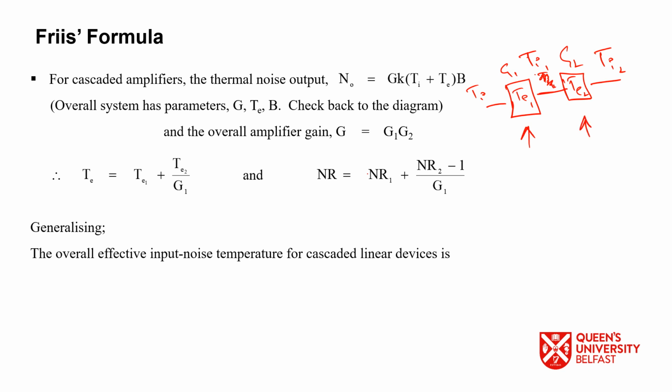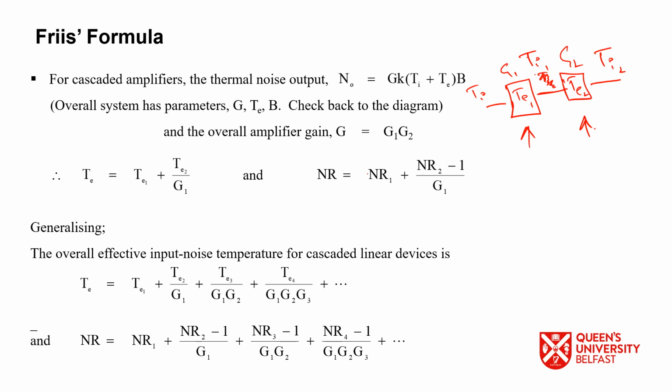If we generalize this form after doing some maths in this two amplifier cascaded system, then we will end up in an equation like Te, the equivalent noise temperature at the output of a cascaded system, is actually Te1 plus Te2 over G1 plus Te3 over G1 G2 plus Te4 over G1 G2 G3 and so on.